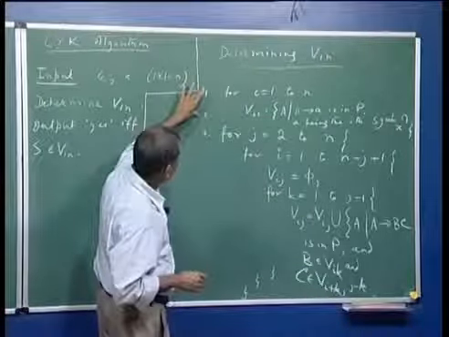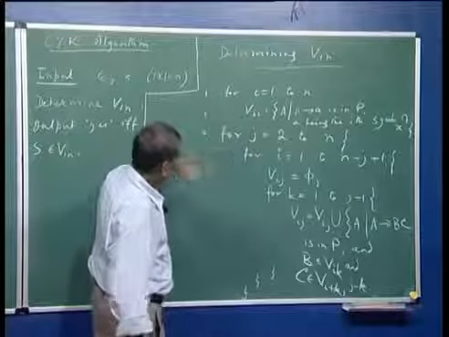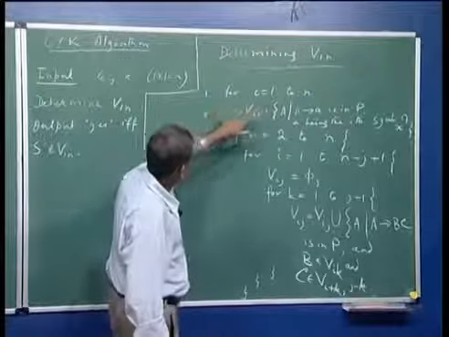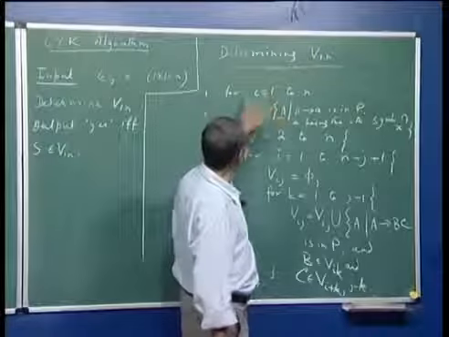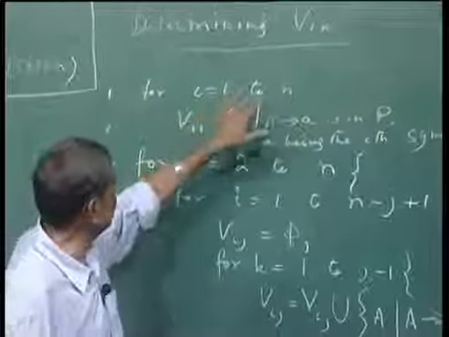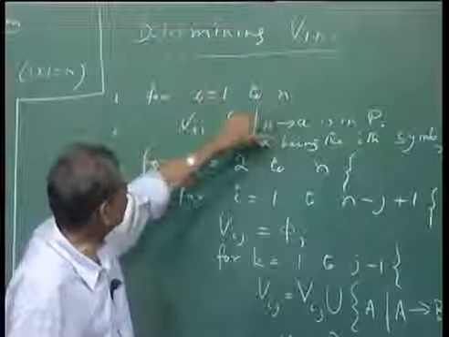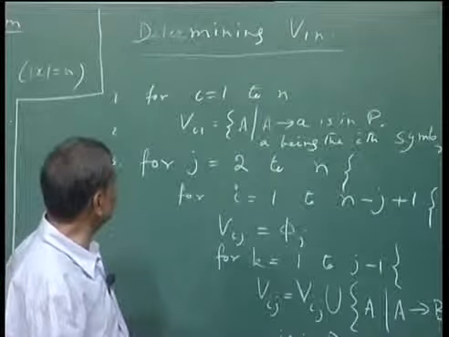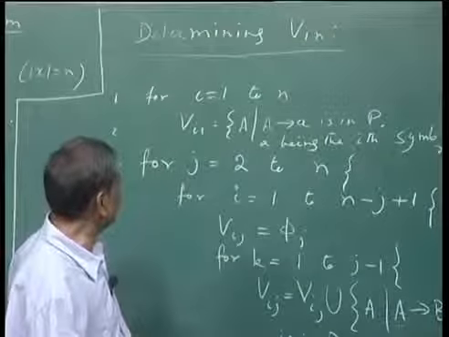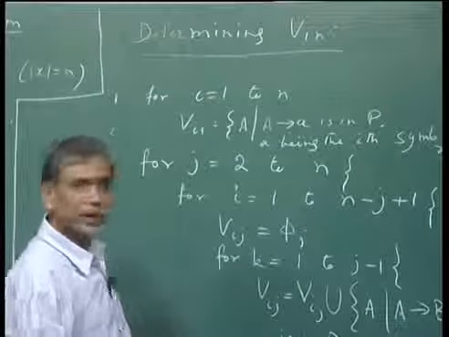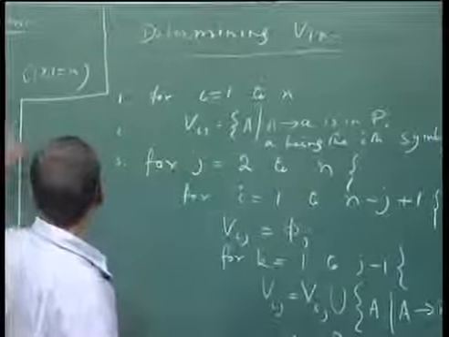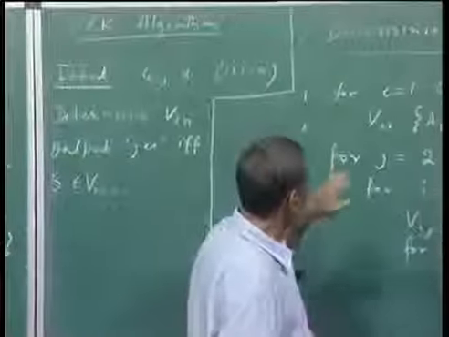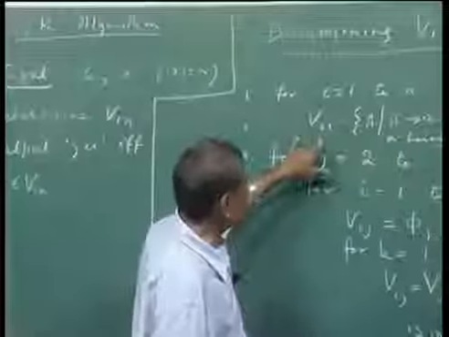See, this part is a for loop, and this body will be repeated n times, where n is the length of the string x, and V i1 is essentially what?